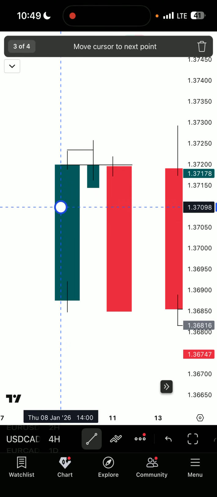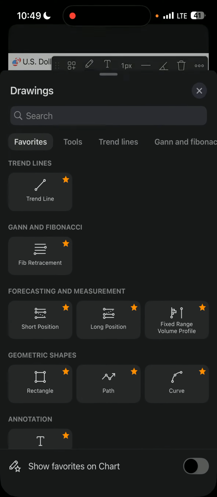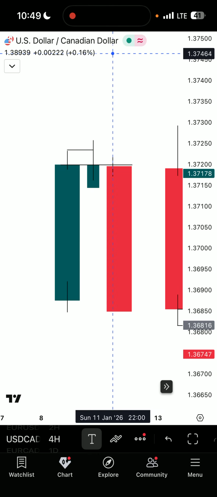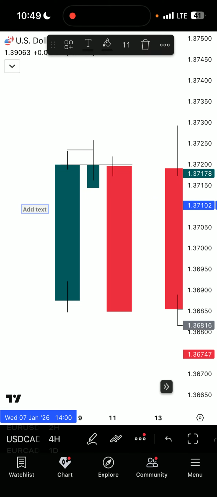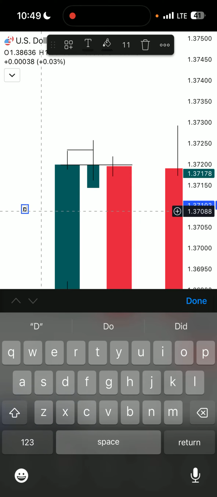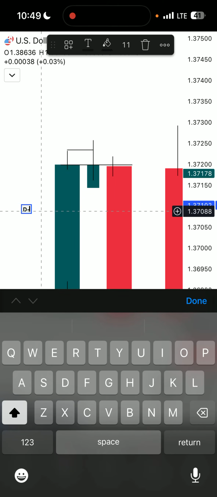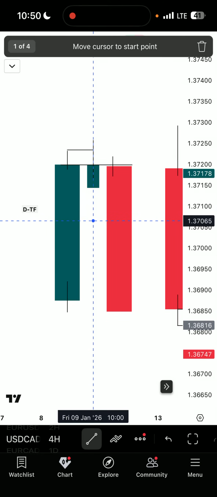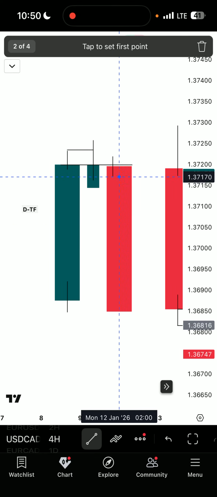Let me write that out for clarity. DTF is daily time frame. So let's say this candle here is the daily time frame, so this candle is the candle range. Now the candle range theory is everything you are seeing here, how it plays out, when it hits TP and everything all together.